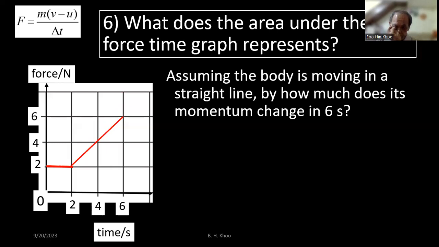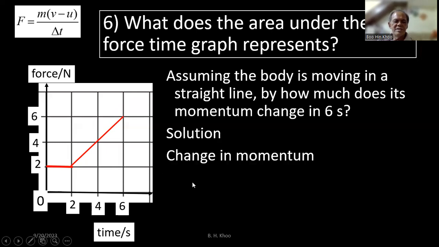Assuming the body is moving in a straight line, by how much does its momentum change in 6 seconds? Okay, so we just find the area under the graph. Change in momentum is the area under the graph.